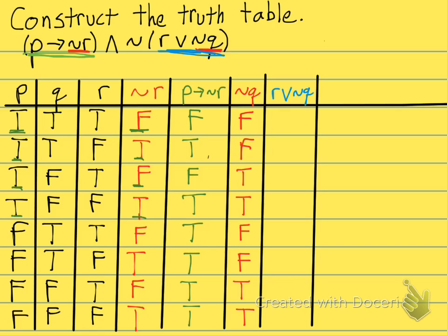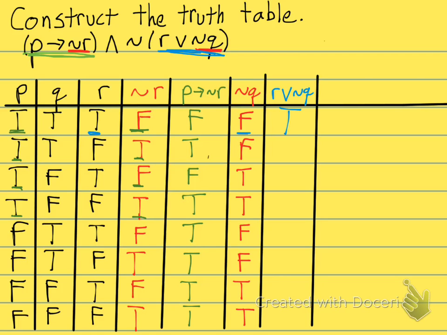So we're going to look at the R and the negation Q columns and apply our condition for OR. OR is true as long as one of them is true, or alternatively, only false when both of them are false. So first we have a true or a false, and that would be true. We then have a false or false. I'm sorry, I just cannot keep things straight here. True or false would be true.